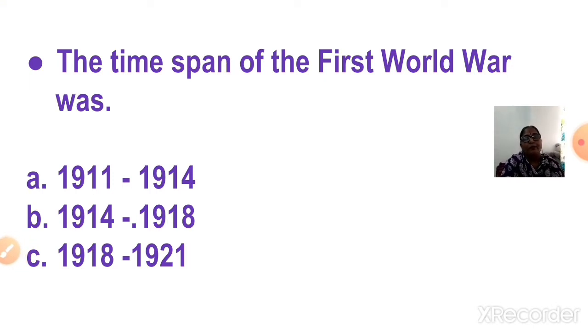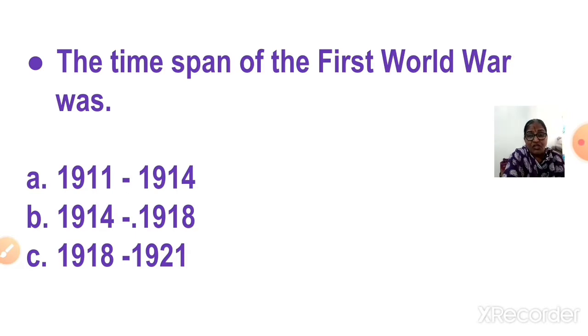The time span of the First World War was, three options are given to you: 1911 to 1914, 1914 to 1918, 1918 to 1921. We all know World War I lasted for 4 years.